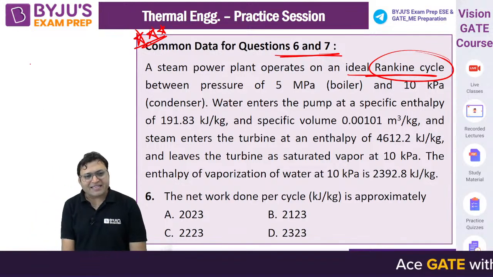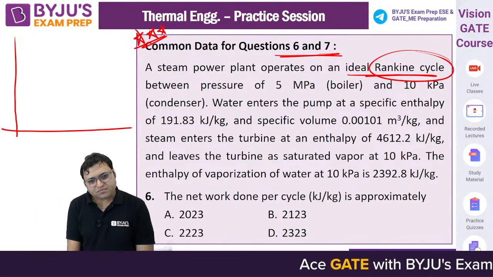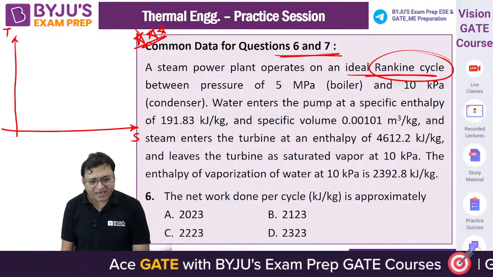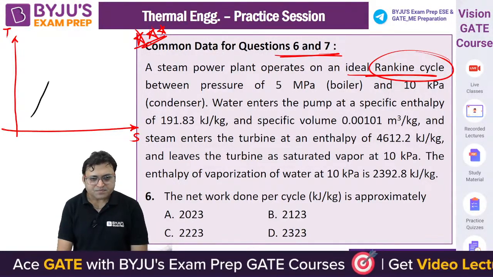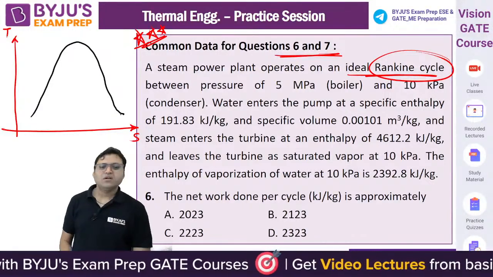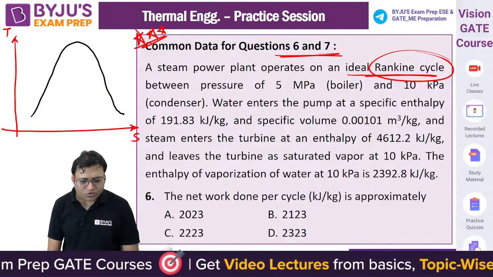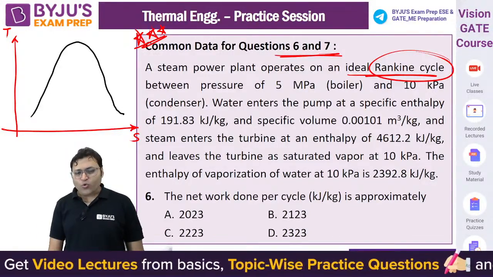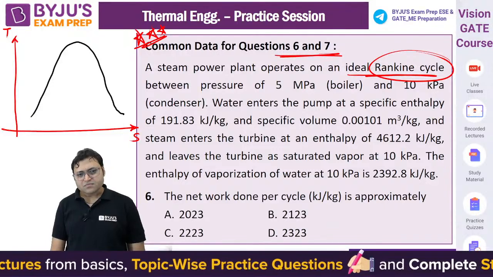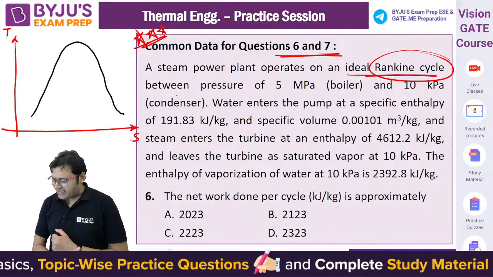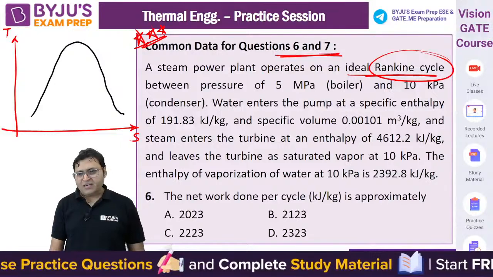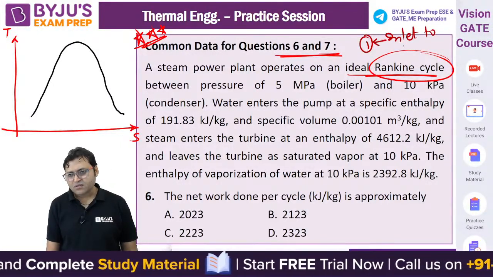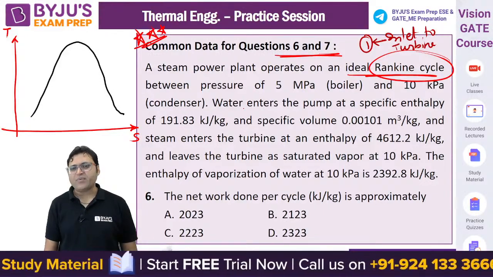Can you draw a Rankine cycle on a TS diagram? How to draw the Rankine cycle on a TS curve? It is a clockwise cycle. But for a Rankine cycle, we generally use the inlet to the turbine as point 1.